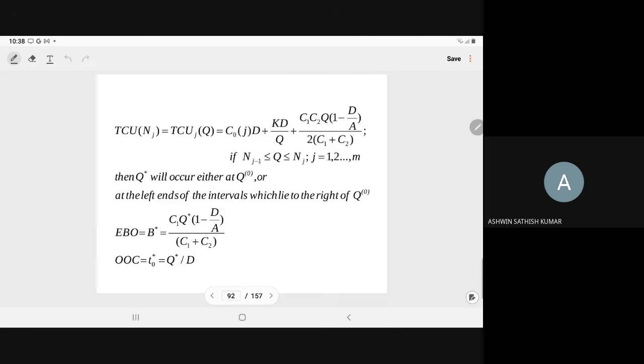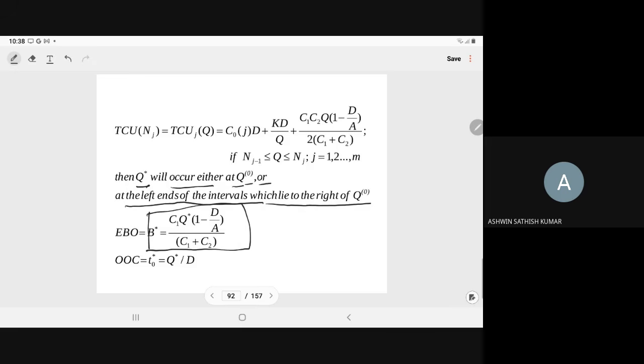So in this case, the Q star will occur either at Q naught or at the left end of the interval which lies to the right of the Q naught. Having the Q star, we can compute B star, economic back order quantity.